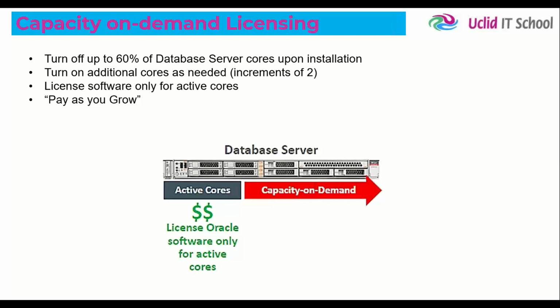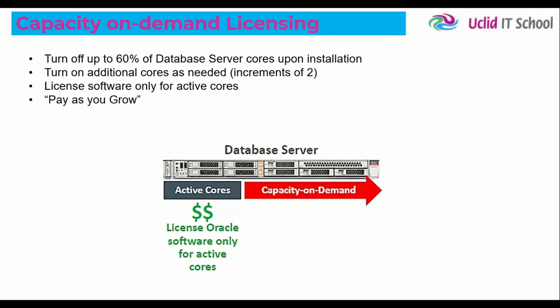Then, Exadata also includes a concept called capacity on-demand license. Now you understood Exadata hardware. Depending on the rack, you may have hundreds of CPU cores. So when more CPU cores are there, your licensing cost also increases. Yes, because typically database software is licensed based on the CPUs. So if you have more CPUs, your licensing cost is also more.